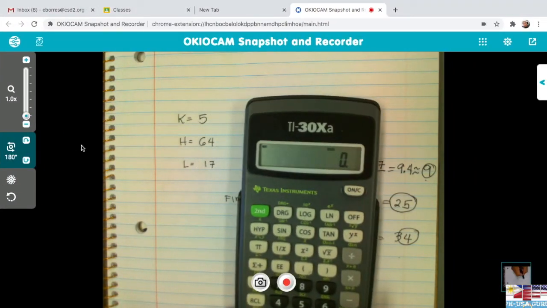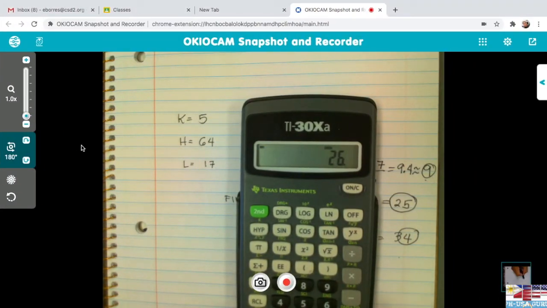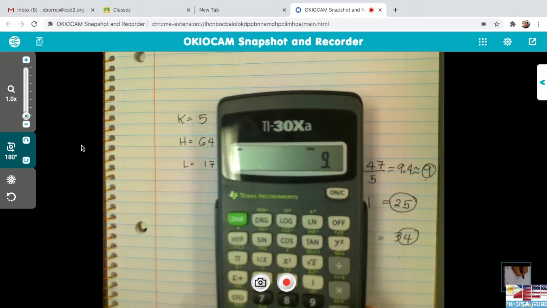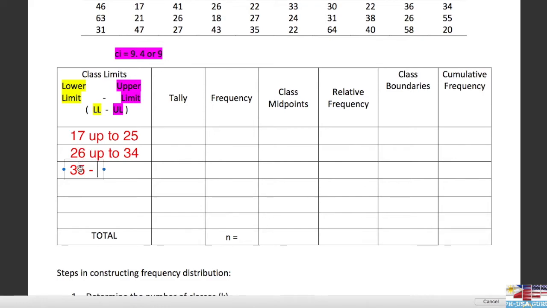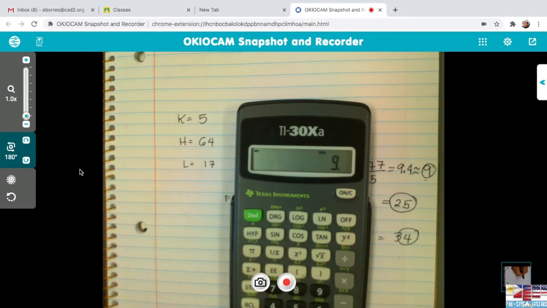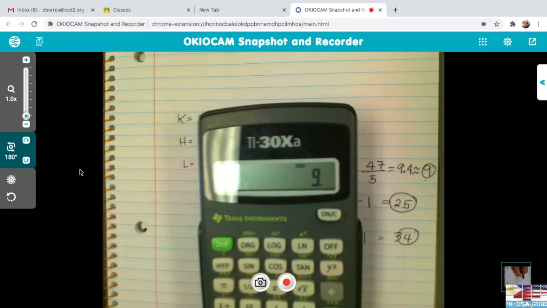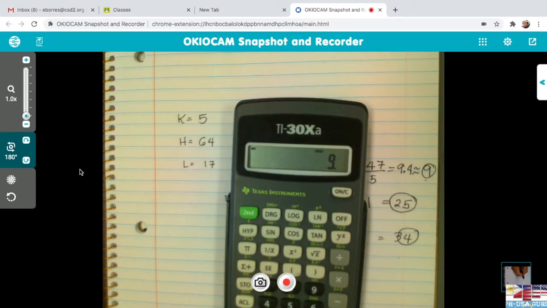So that will be 26 minus 17. What did we get? That is 9. How about the difference between 35 and 26? 35 minus 26 is equal to 9. So, as you can see, the difference is 9.